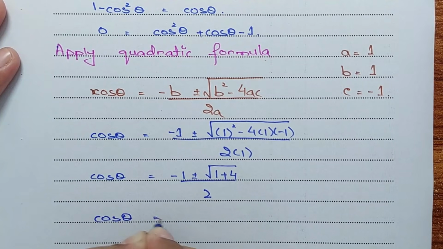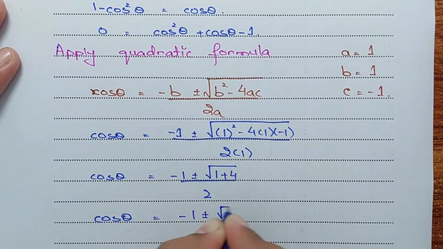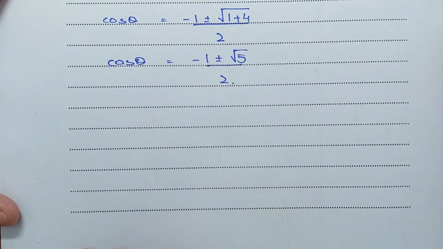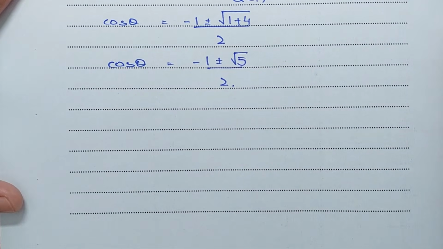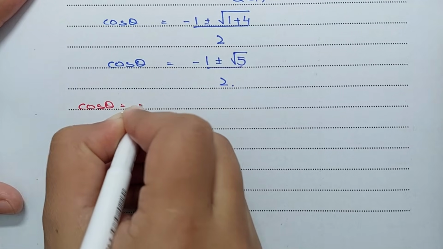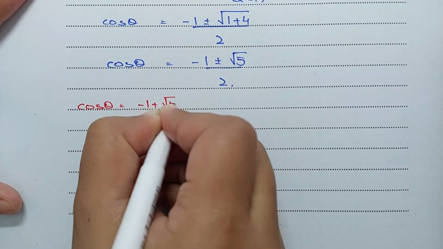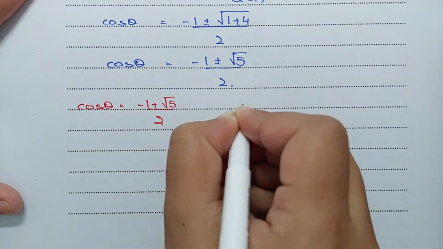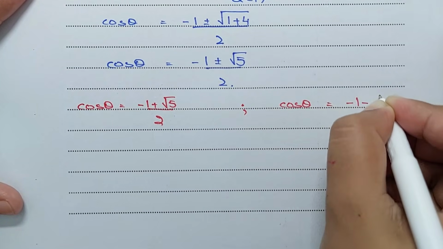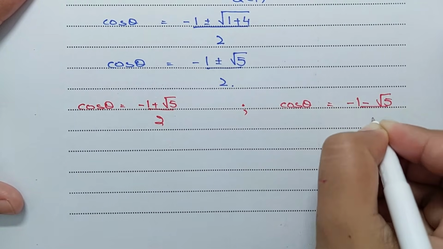Cos theta is equal to minus 1 plus minus root 5 by 2. So here we have two cases, first with a positive and other with a negative one. Now here we have cos theta is equal to minus 1 plus root 5 divided by 2, or we can say cos theta is equal to minus 1 minus root 5 divided by 2.